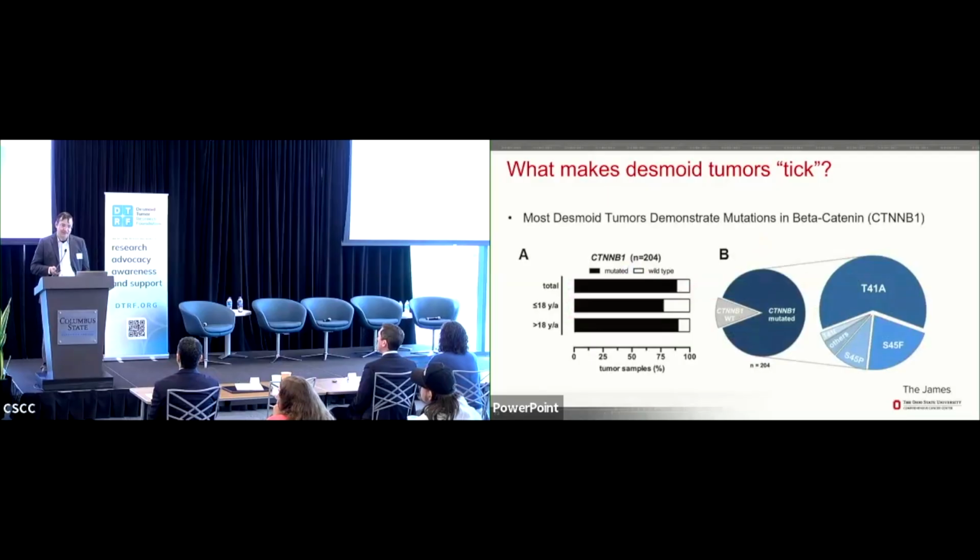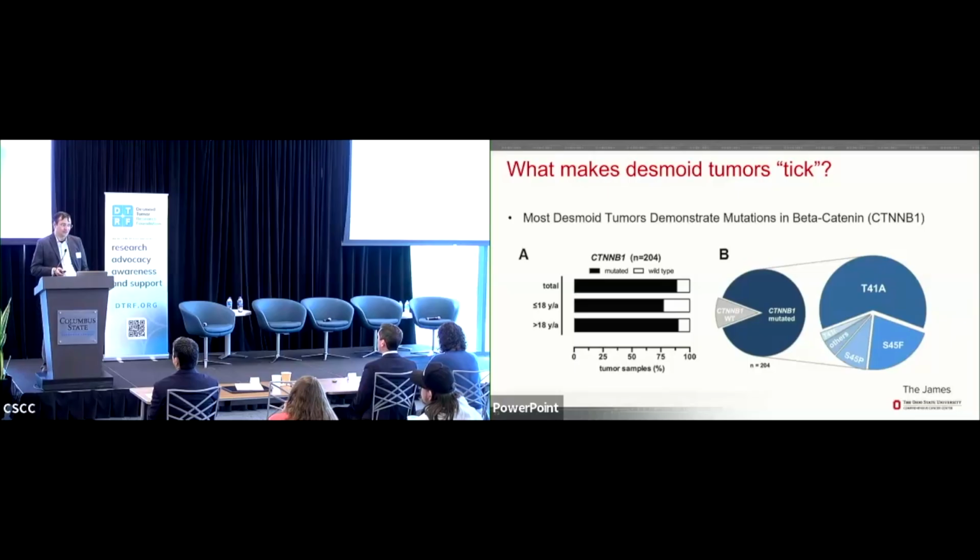Most patients have a very, very specific set of mutations in a very, very specific gene called beta-catenin. Of 20,000 genes, almost everybody with a desmoid, if you look at that desmoid cell, will have a mutation in that beta-catenin gene. We say about 80 to 85%.